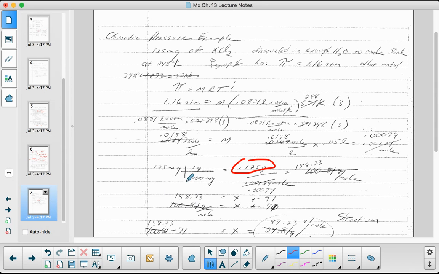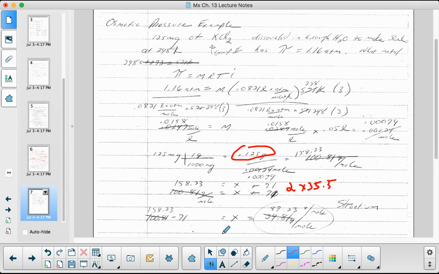If we know the molar mass is 158, and we know that this metal, which we don't know what it is, plus 71, which is 2 times the value for chlorine, which is 35.5, then we can do a little calculation here to determine what the value of X would be.